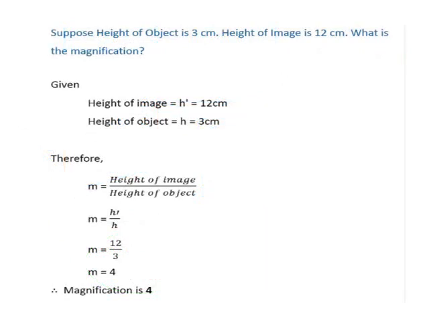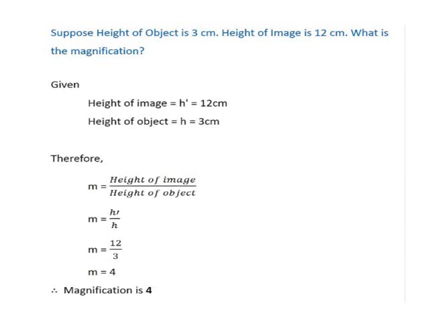Children, let's move on to solving problems on the basic ideas which we have discussed so far. Now, to begin with, let us start with the easy questions. Read the question. Suppose the height of the object is 3 centimeter. Height of the image is 12 centimeter.